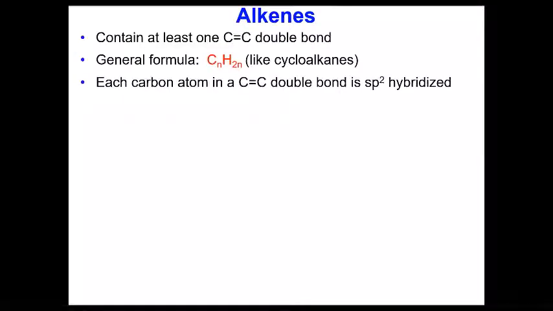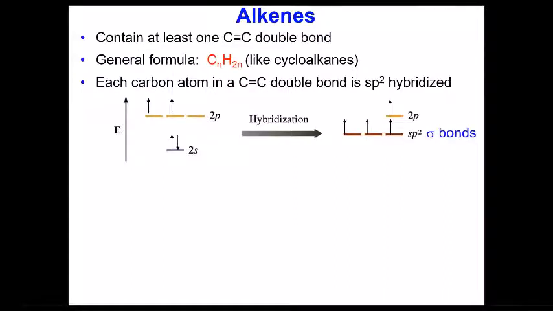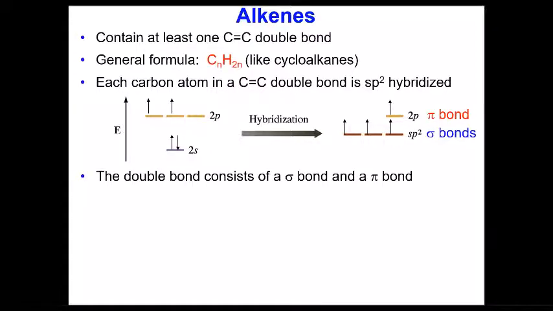You know that each carbon atom in a carbon double bond is sp2 hybridized. Now this stuff, don't worry about it, SL students. You'll look at it probably later in HL. But if you remember when we did sp, sp2, sp3, don't forget about your hybridization that you've seen before. Basically the double bond obviously has both a sigma and a pi bond.